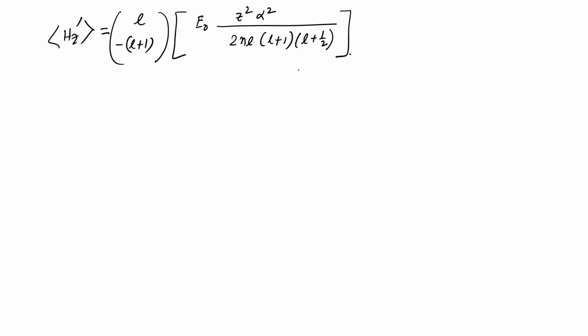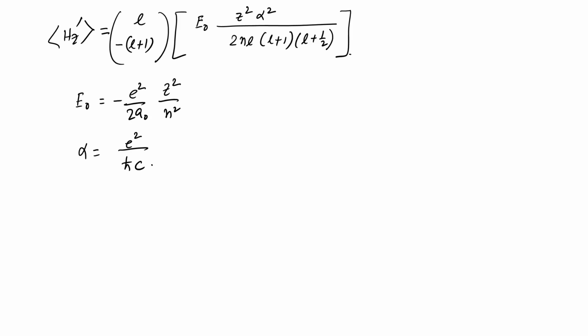This E0 is given by minus e square by 2a0 and Z square by n square. Z is of course equal to 1 for hydrogen atom, and alpha is called the fine structure constant, which is equal to e square by h cross c.